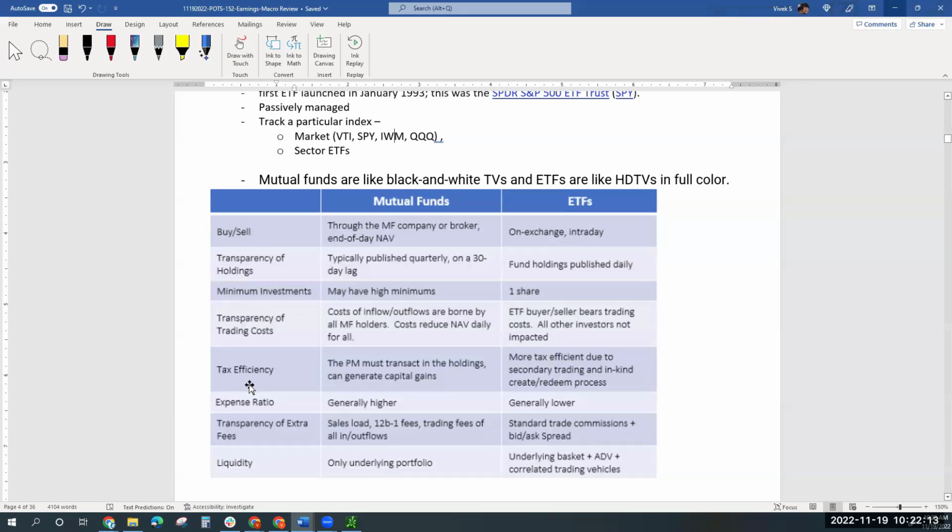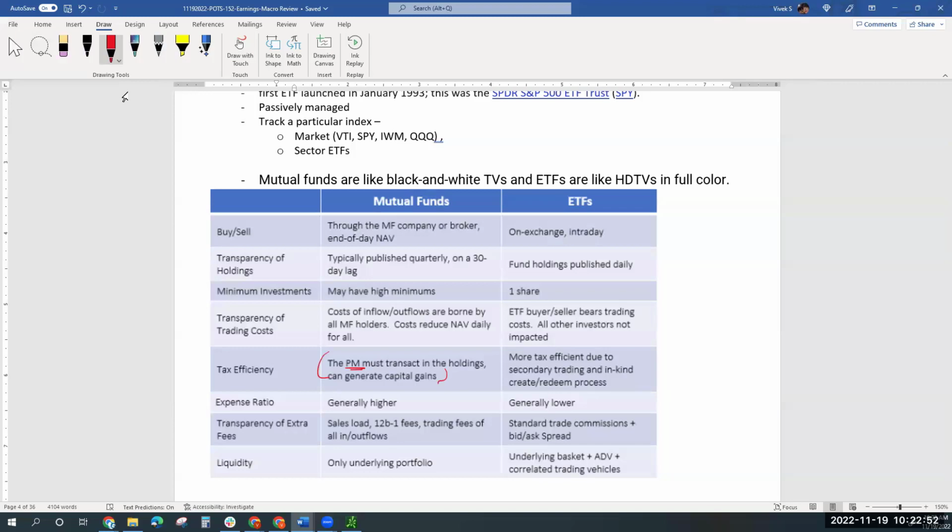From a tax perspective, ETFs are more tax efficient, whereas the mutual funds are not. And this is something which sometimes becomes a little surprising. In a mutual fund, the portfolio manager could have sold a particular holding that was profitable. So you might get hit by capital gains, even though your overall mutual fund is still at a loss, because the rest of the holdings are at a loss.